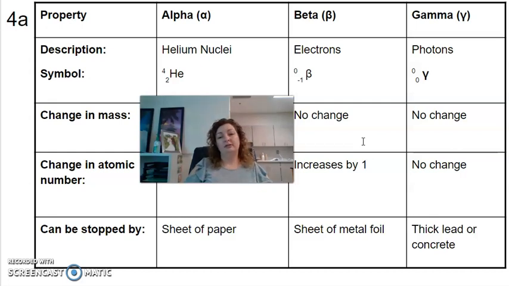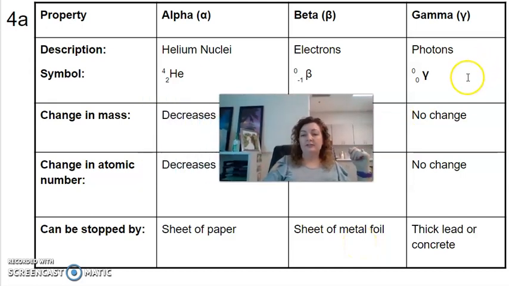So it's going to be increased by 1. What we're going to end up writing is a -1 because it's an electron, right? It has a charge of -1. So when we end up doing this math of nuclear decay, we need it to say -1 because it's going to impact that, all right? And I'm going to show you in a second. And what can it be stopped by? It can be stopped by a sheet of aluminum foil.